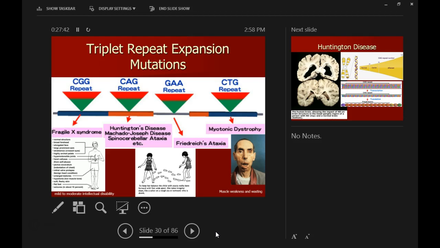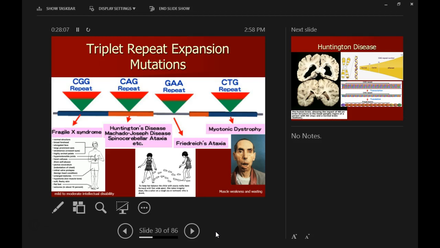Now, as you can see, there are quite a few different disorders. You may have heard of Fragile X that usually attacks males since they just have one X chromosome. These are problems with coordination. Huntington's disease is probably the most famous. You have a couple of ataxias.